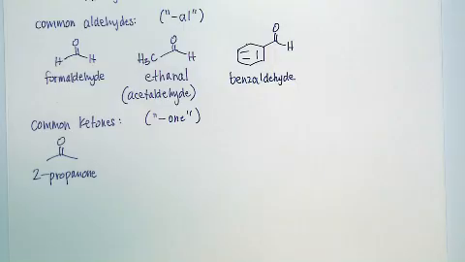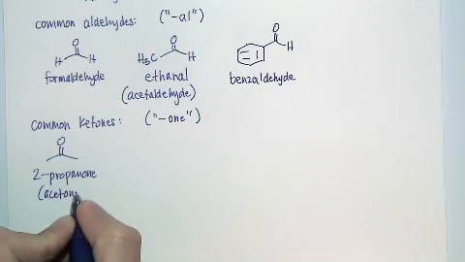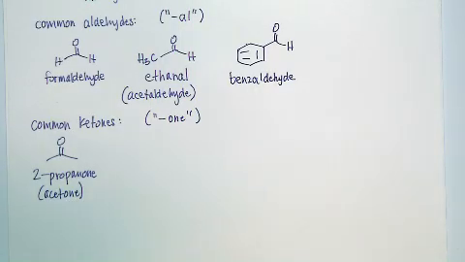Fortunately, for this specific example, nobody cares because it has a common name, which you use in lab a lot, at the organic waste: acetone. We're going to see a lot of acetone because it's the simplest ketone and it's easy to draw when I'm showing you reactions that happen with other ketones.